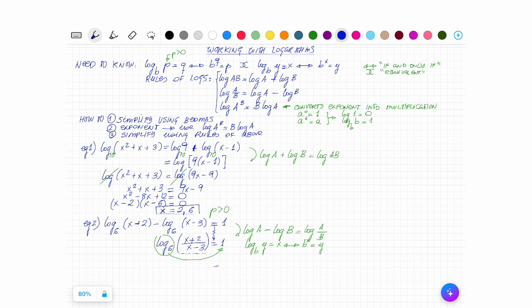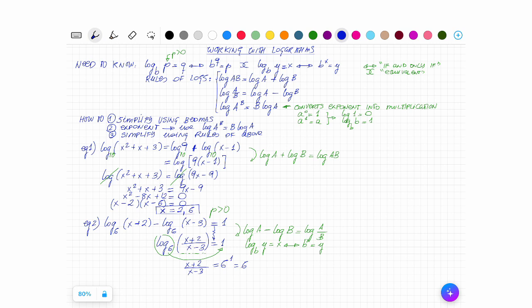So in this case, I'm going to be left with this fraction in this side, and in here, the idea of the exponent, 6 to the power of 1, which in this case is just 6. And then I can rearrange and solve normally.